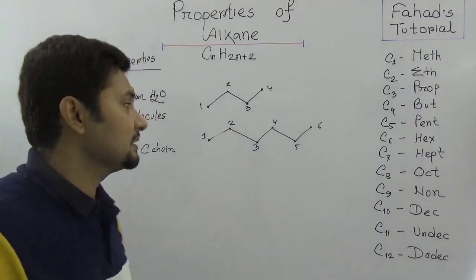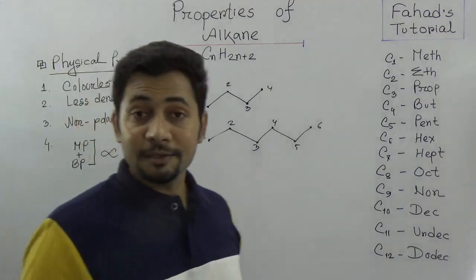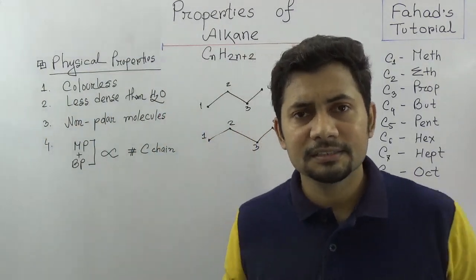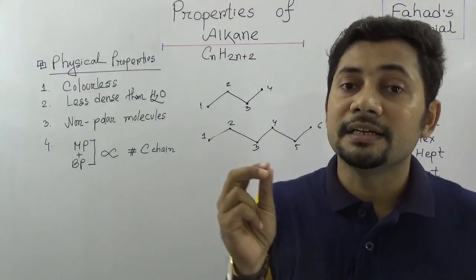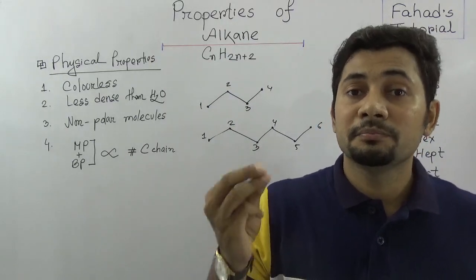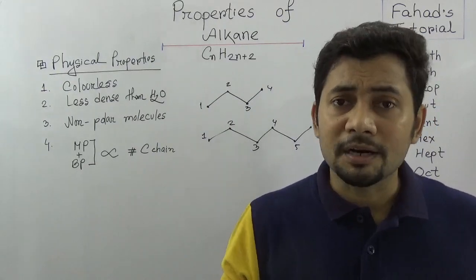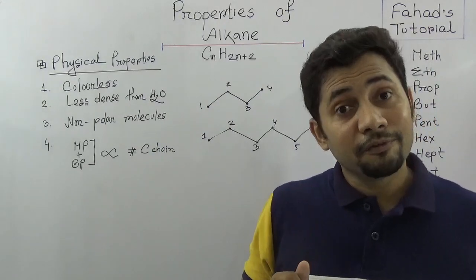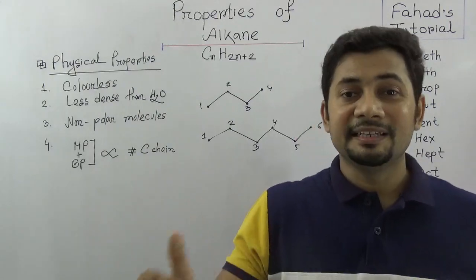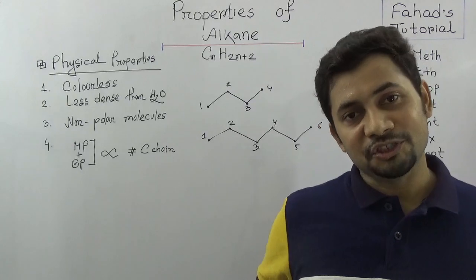So simply we can say alkanes have this sort of physical properties. Number one, alkanes are colorless. Number two, less dense than water. Number three, alkanes are non-polar molecules, so they are usually not soluble in water. And number four, the physical properties like melting point and boiling point depend on the number of carbon chain.